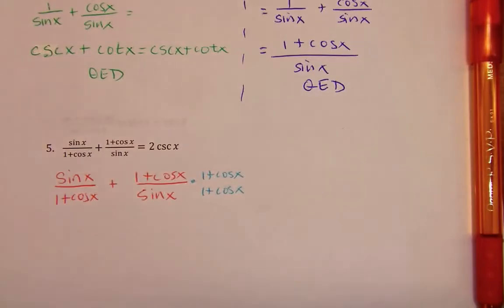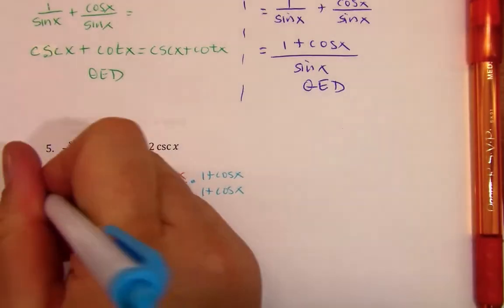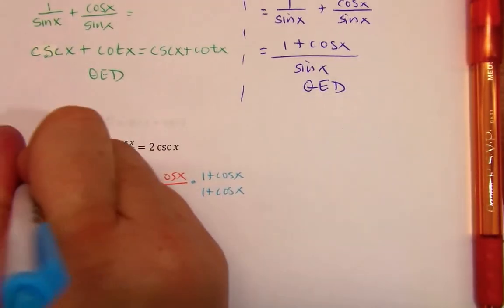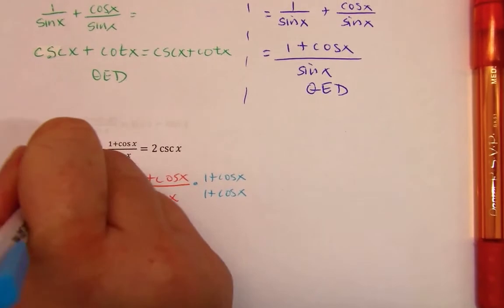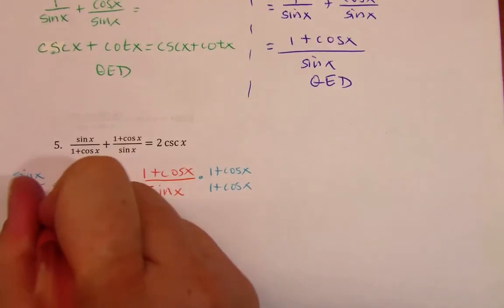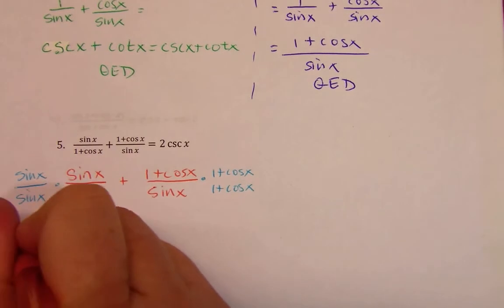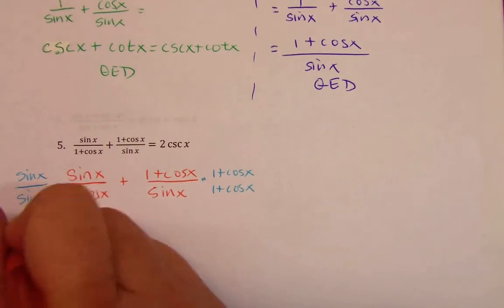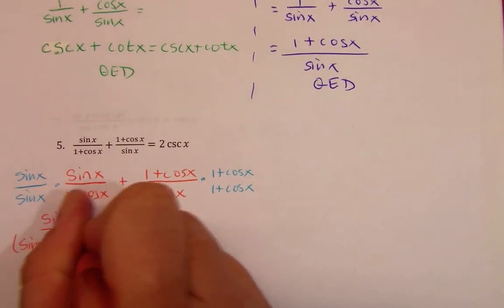And then I can multiply by sine x over sine x. And now I have sine squared x over sine x times 1 plus cosine x.